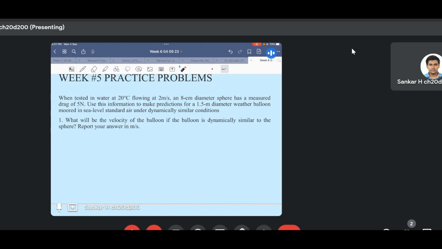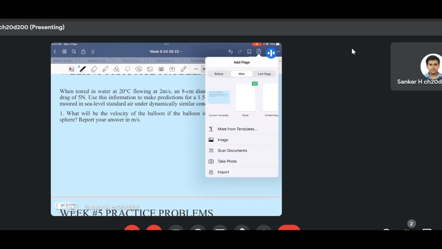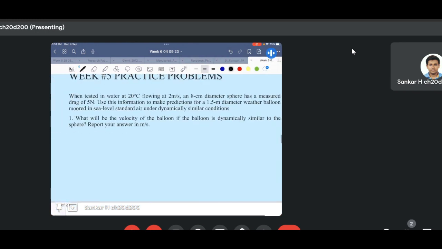First question is, what will be the velocity of the balloon if the balloon is similar to the sphere? Again, we need to note that this is part of the practice problems, so this is not part of the graded assignments, and this will not go towards the final grading.